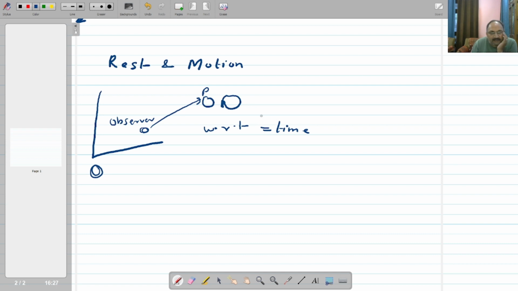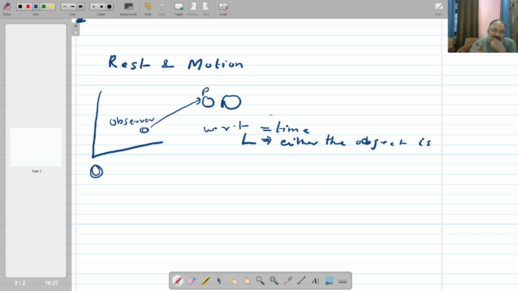So what can he conclude? That either the object is changing its position with respect to time. Right?